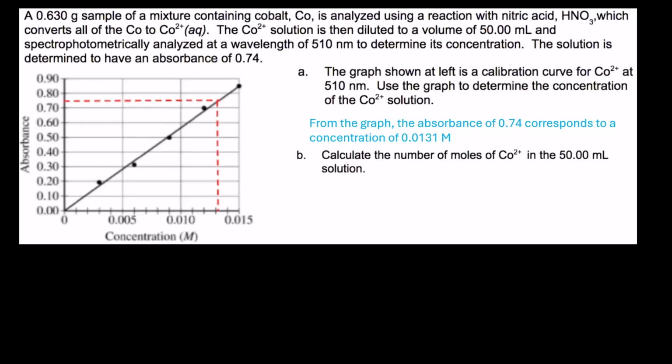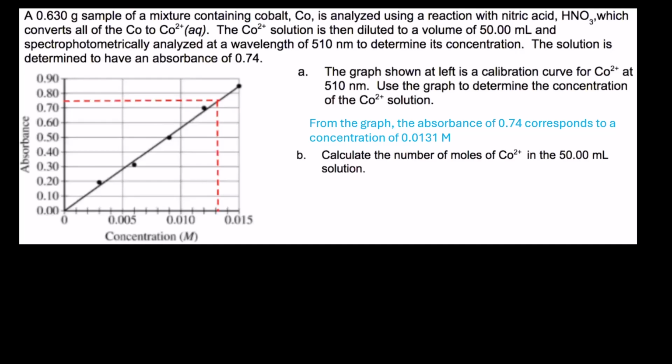Now second, calculate the number of moles of cobalt 2+ in the 50 mL solution. This one's a little trickier because we haven't talked about molarity yet, but a capital M basically just means moles over liters. If we have a molarity problem and we're given milliliters, the first thing we have to do is convert milliliters into liters.